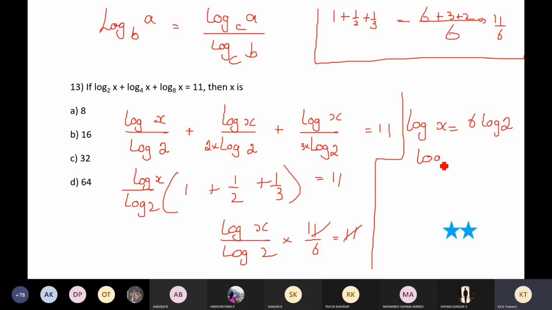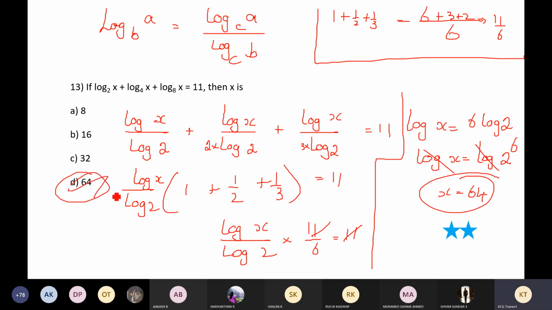So log of x is equal to log of 2 power 6. Log gets cancelled. X is equal to 2 power 6, which is 64. My answer is 64. Are you guys clear with the normal method also, guys? Everyone? Super.